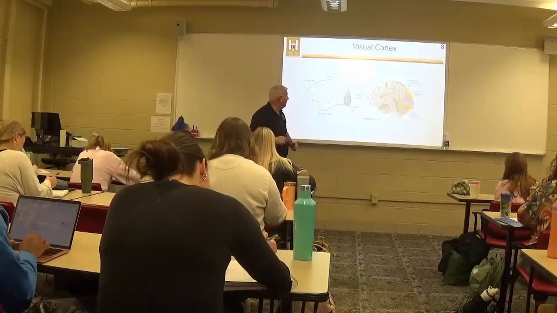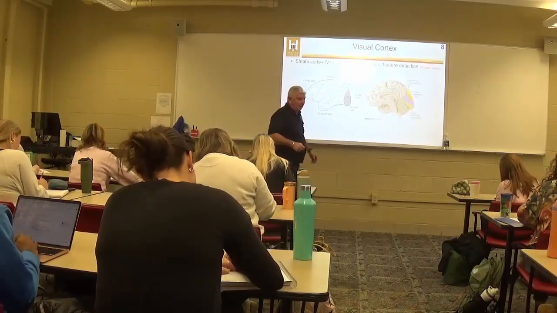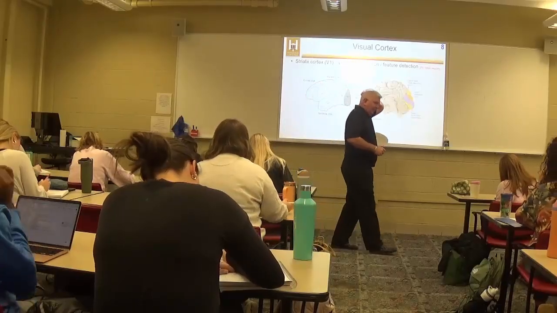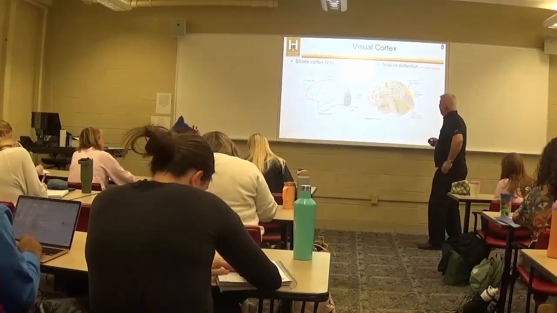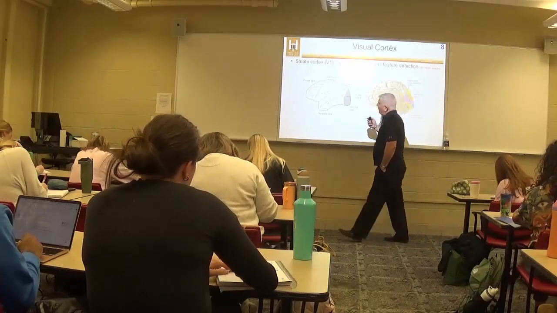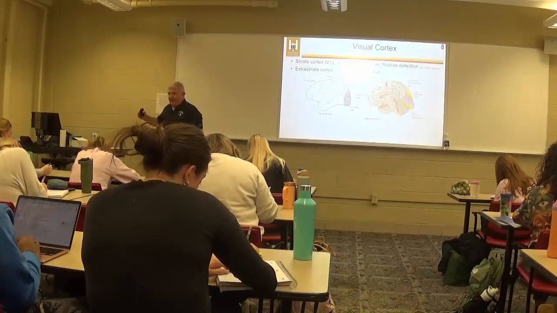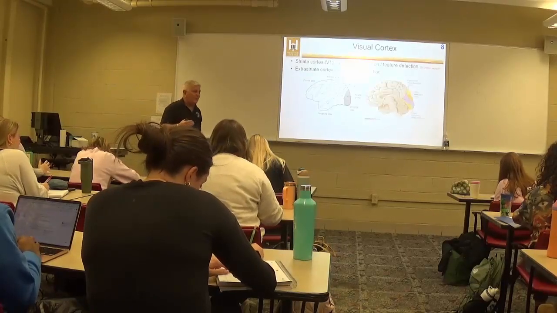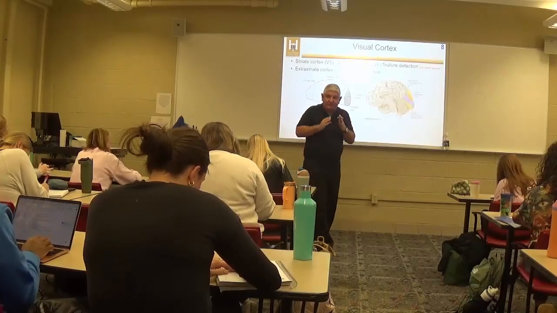One place in V1. All right, so V1 is the posterior most part of your occipital lobe in the back of your brain. Right? Your primary visual cortex, we'll talk a lot more about that today. It's also called striate cortex because there are actually stripes from your left eye and your right eye.